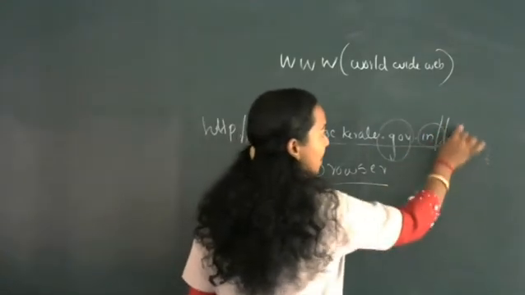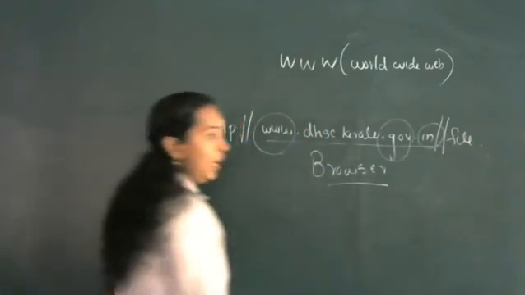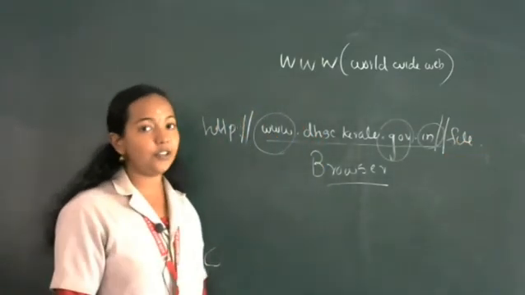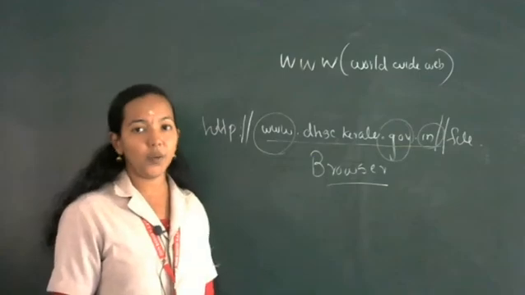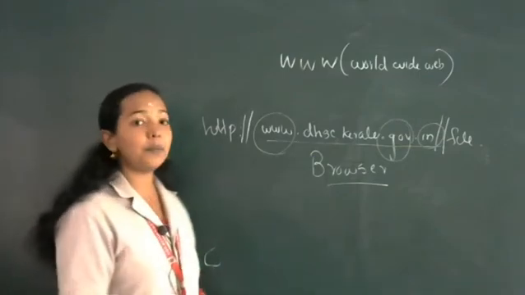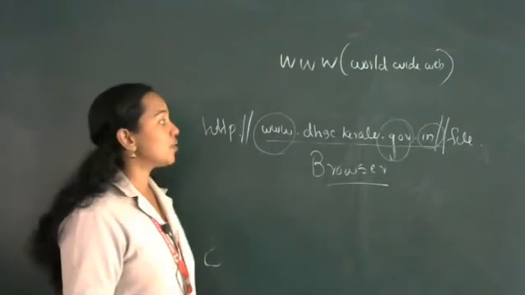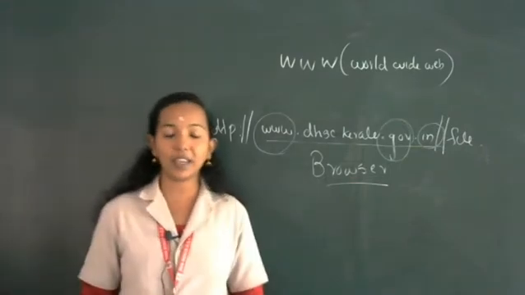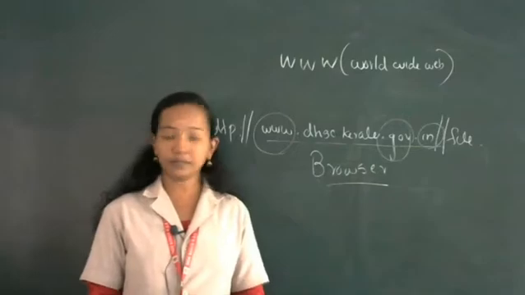If you know the exact file name, we can type the file name also. If we don't know the exact file name, then just type the URL, and after that we can select the information from that particular website. So that is web browsing and also the web browser.